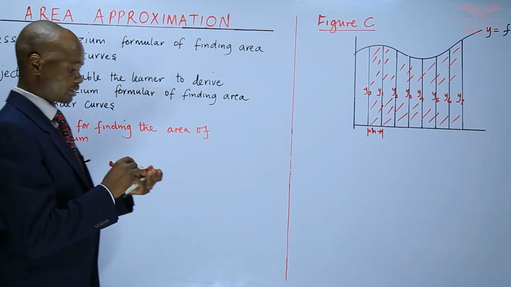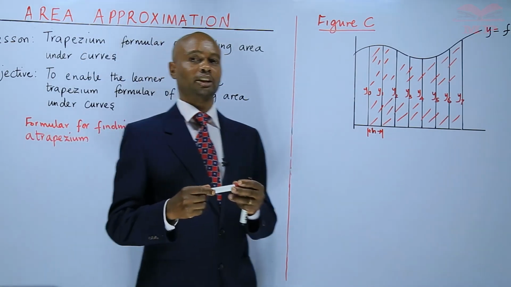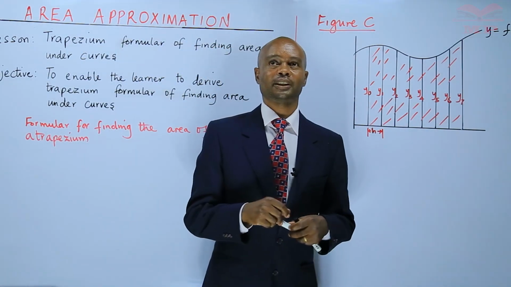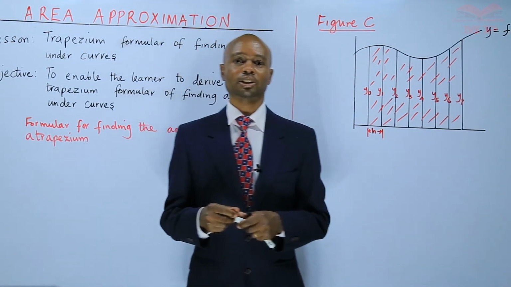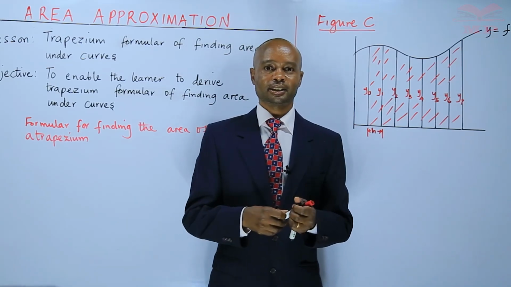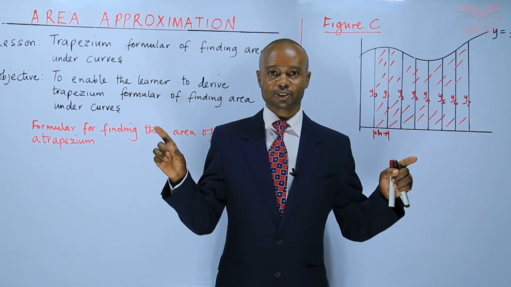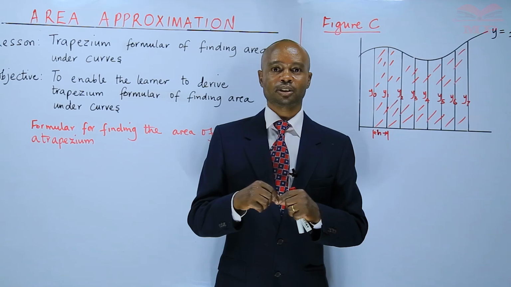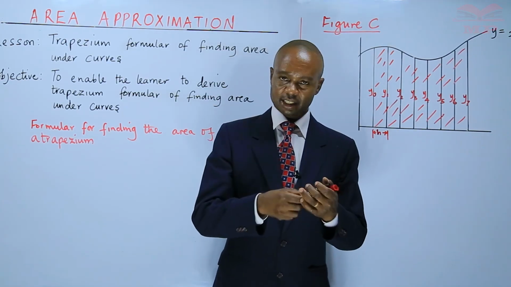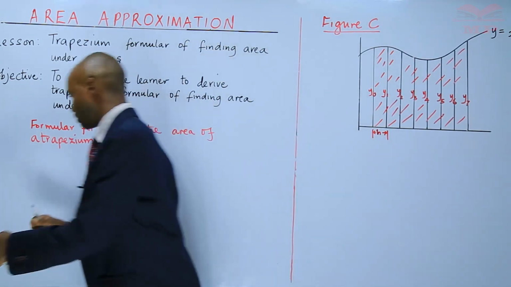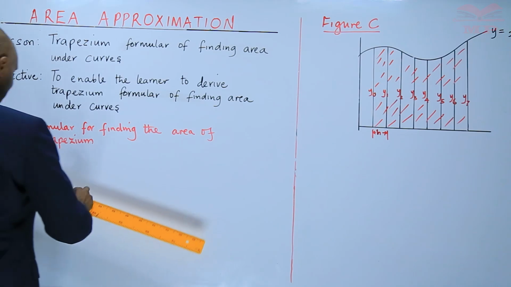At this stage we know that a trapezium is a quadrilateral having two parallel sides. The other two sides are not parallel. A pair of the sides in a trapezium are parallel.